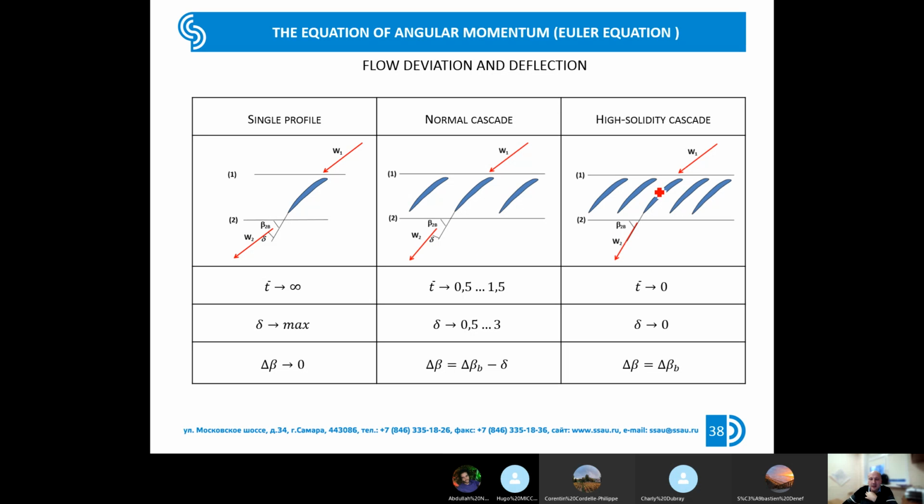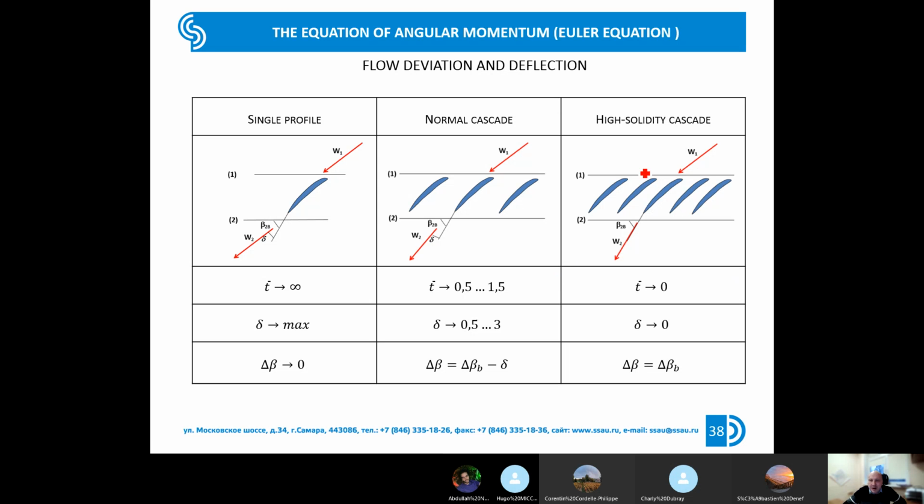If you want to provide the flow deviation, you need to create a blade row. And if the space between the blades is very small, the blades will have a high influence on the flow, and that's why the flow deviation will be what you want, and the flow does not return back to the first direction.